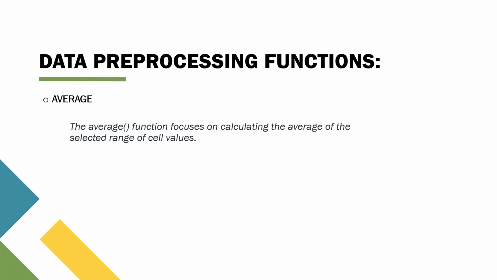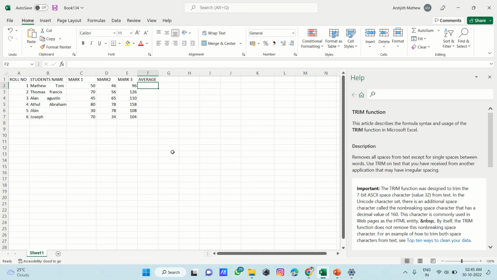Average function. The average function calculates the average of a selected range of cell values. We can see an example. Here we can check the average of these marks. First we are taking Matthew Tom's marks.